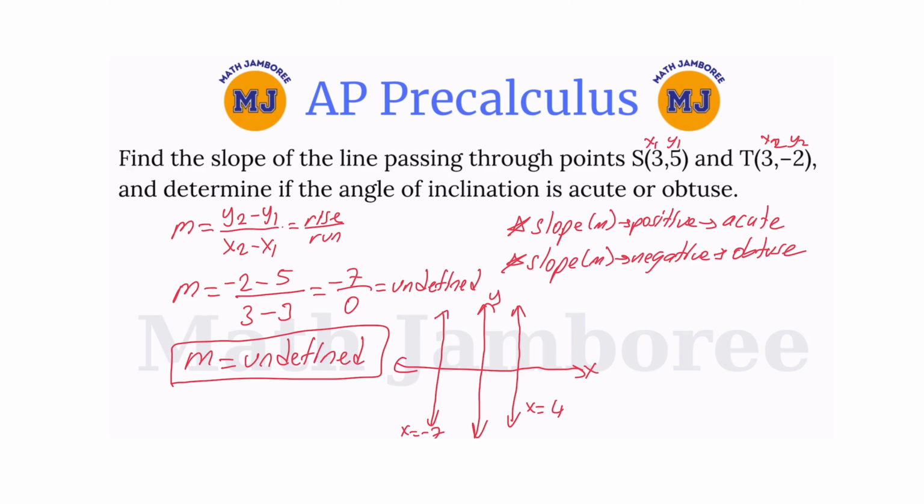In this case, there is no run. There is rise, like -7 that we had in this problem, but there is no run. In that case, you just say the slope is undefined, but we cannot talk about the angle of inclination in this case.